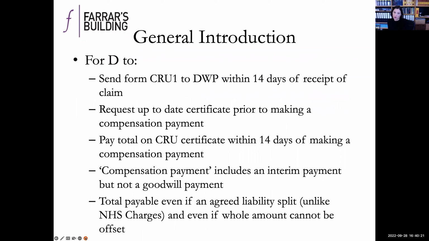In terms of different duties on different parties, the obligation on the claimant is to provide a national insurance number, so a defendant can apply and find out the information, but really the obligation is mostly on the defendant when it comes to communicating with the DWP.